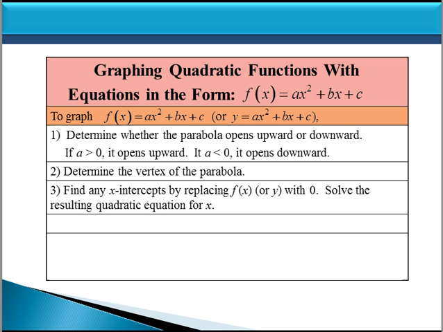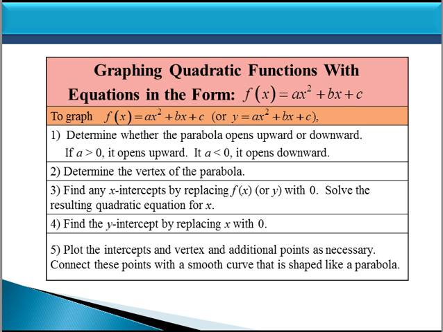Exactly the same way that we find the x-intercepts of a line, where you would replace the y with 0 and solve for x. Finding the y-intercept is also the same as for a line. We replace the x with 0, and then we evaluate that, and this will give us the y-intercept.